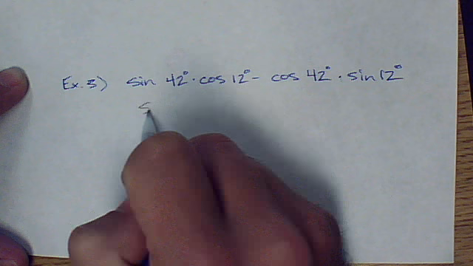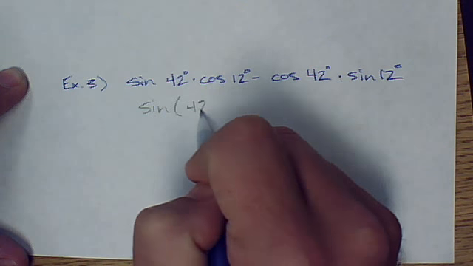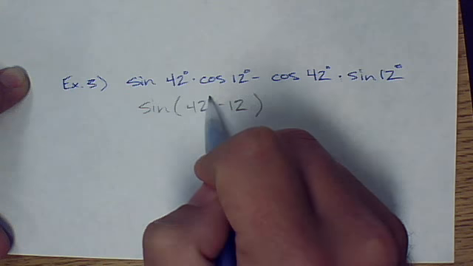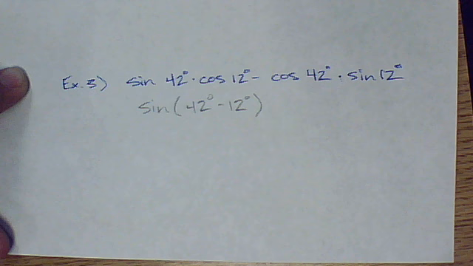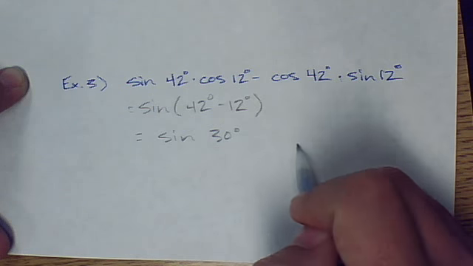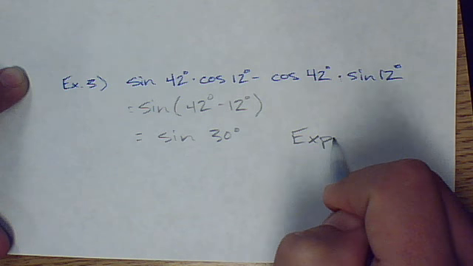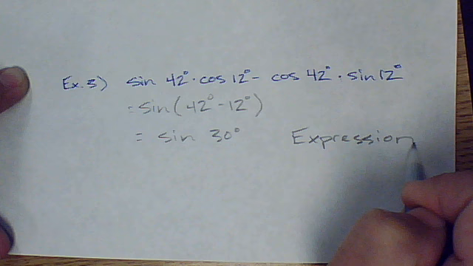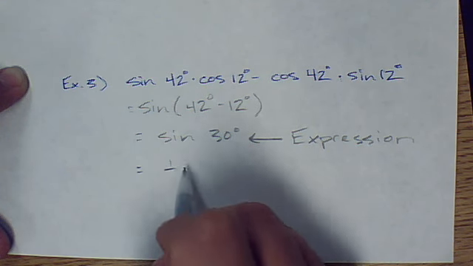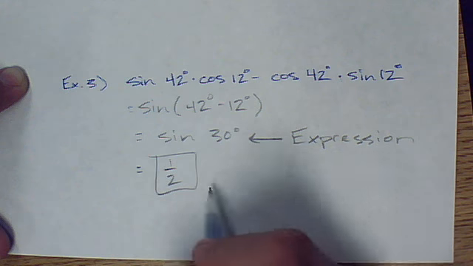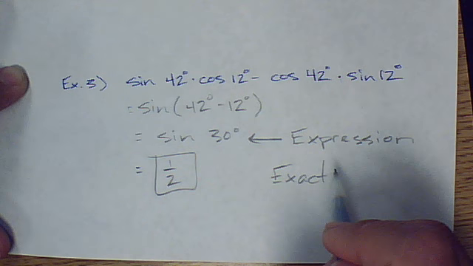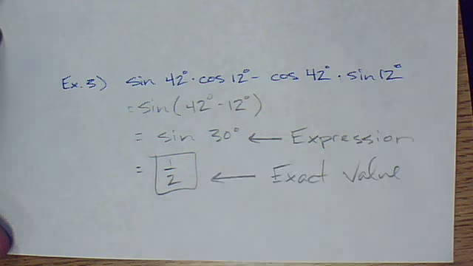So we're looking at sine of 42 minus 12 degrees, which would be sine of 30 degrees. Now, on your homework, sometimes they just ask for the trig expression. So if they ask for the expression, that's what they're looking for. But if they ask for the exact value, they want that.